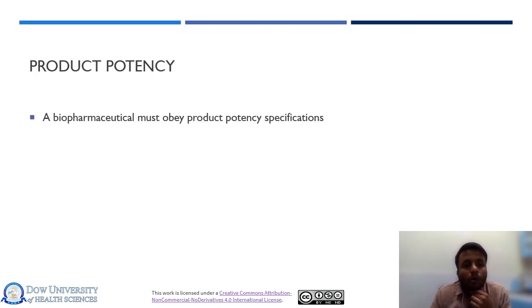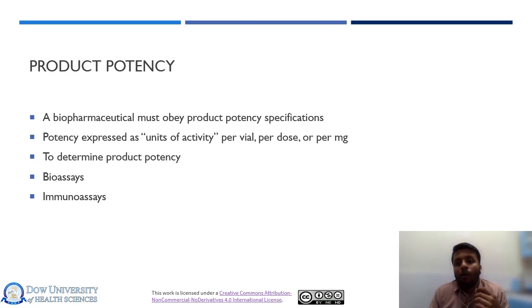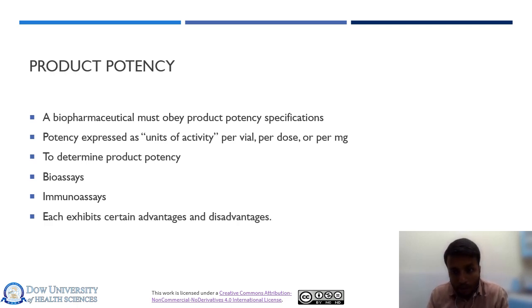Now, talking about product potency, any biopharmaceutical product needs to obey certain product potency specifications. The product potency is usually expressed as the units of activity per vial, per dose, or per milligram. Now, in order to make sure that the biopharmaceutical meets its potency specifications, various assays are performed, including bioassays and immunoassays.